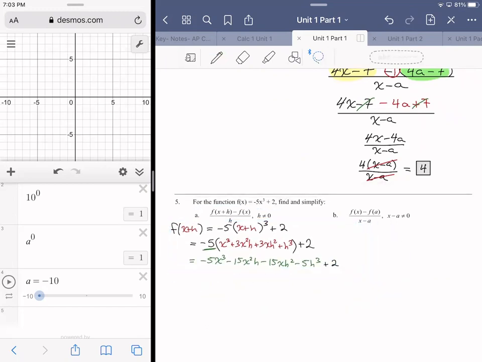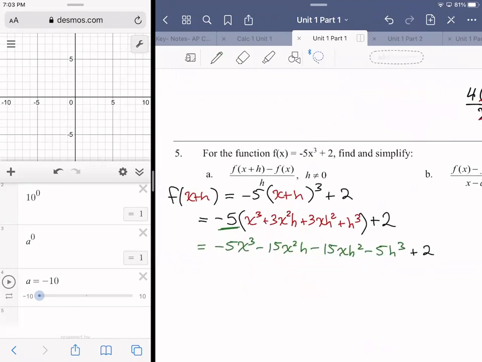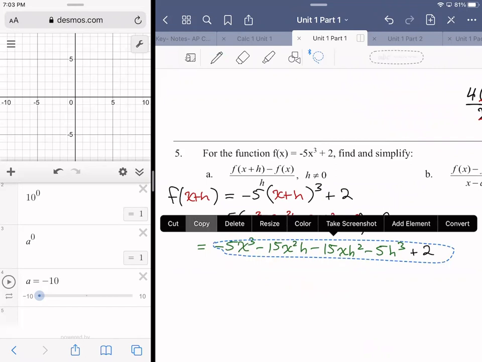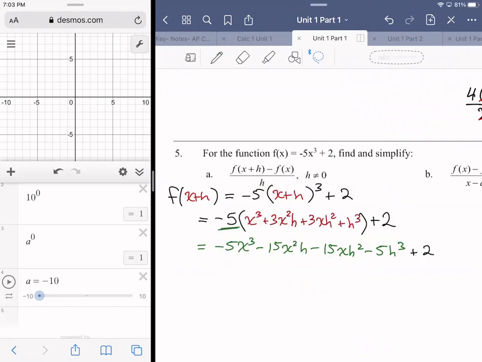Then we're going to take that and chuck it into the actual difference quotient. This time I'm going to copy it before I highlight it. So we have f of x plus h. They told us f of x. Now we just have to assemble it all.